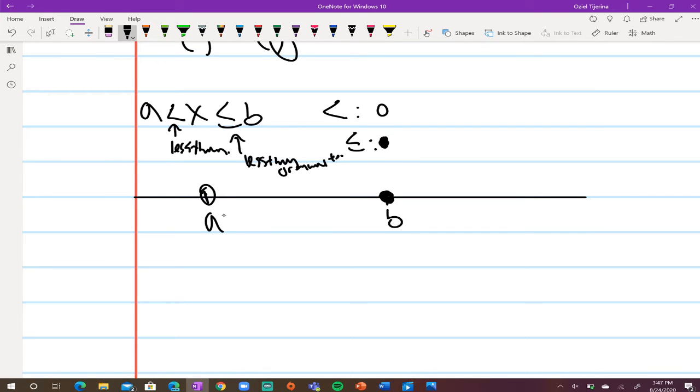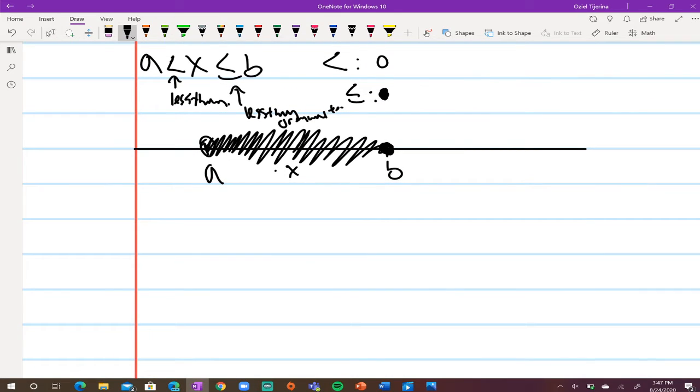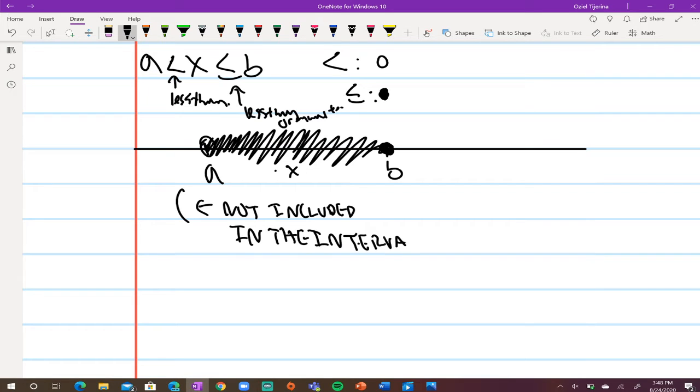You're still going to shade in between, because it's from A to B. If it's from A to B, you always shade in between, because this implies that this whole area is X from A to B. However, remember that when it's parentheses, it's not included in the interval.